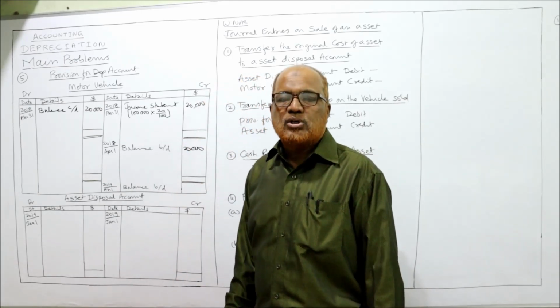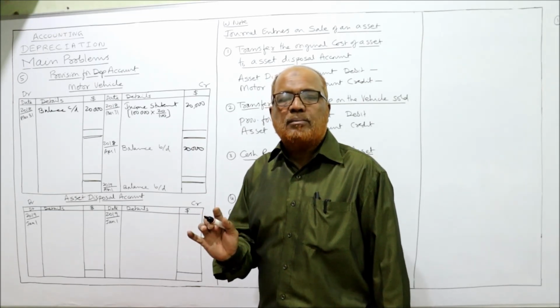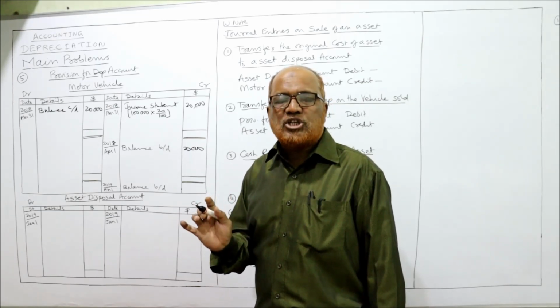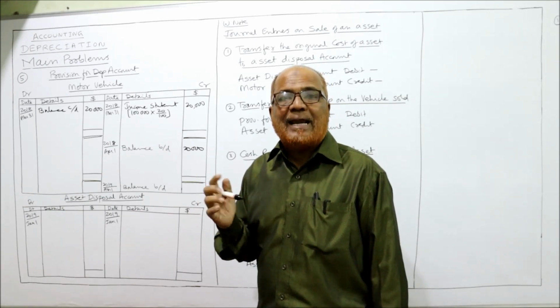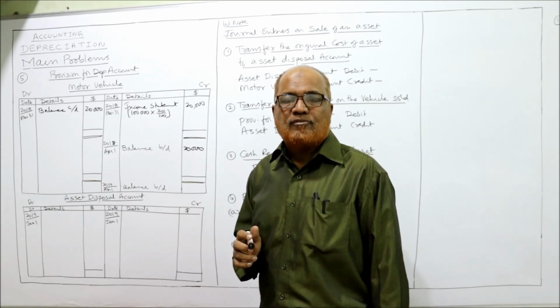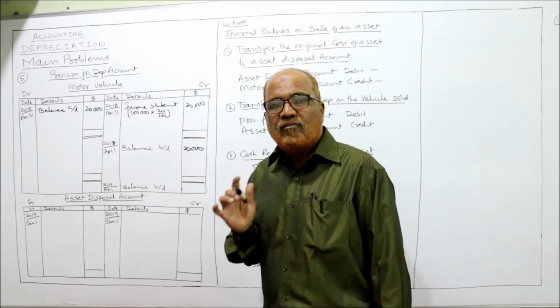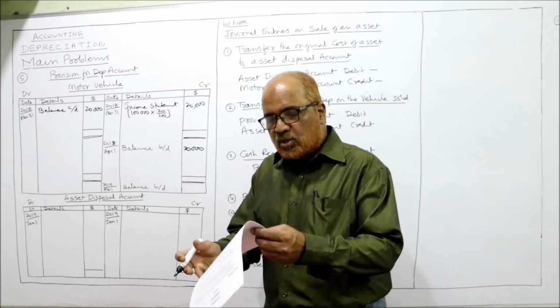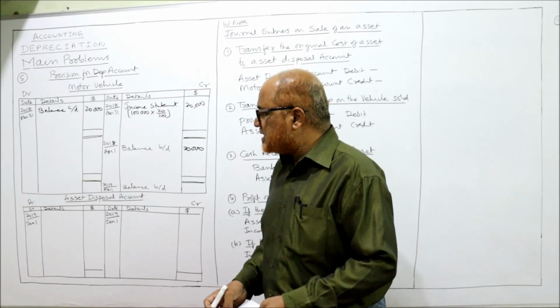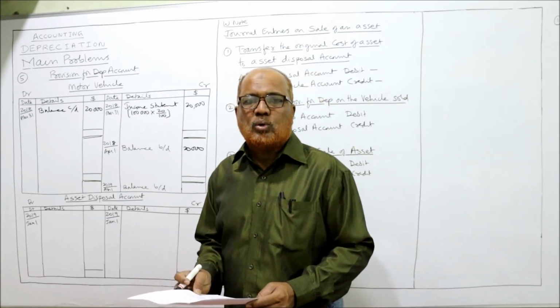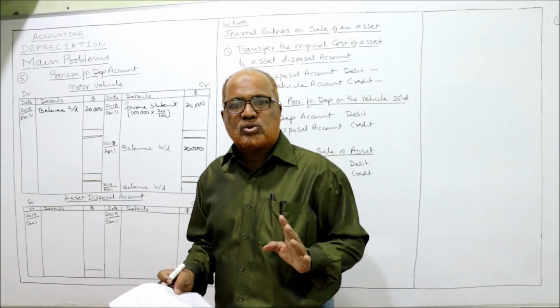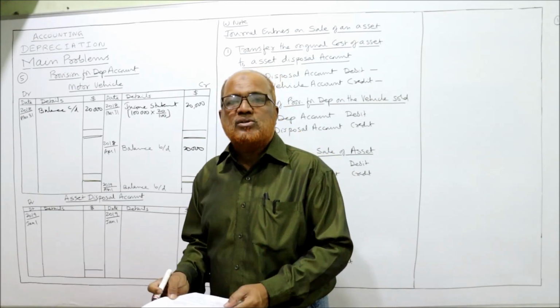One vehicle was sold. Now you must remember, whenever a machine or any non-current asset is sold, 4 entries have to be passed. On 1st January 2019, out of 2 vehicles, one vehicle was sold at a price of 35,500.